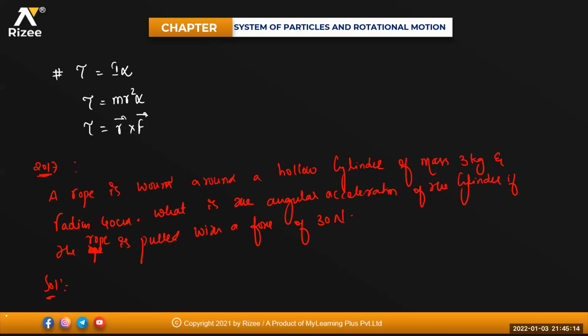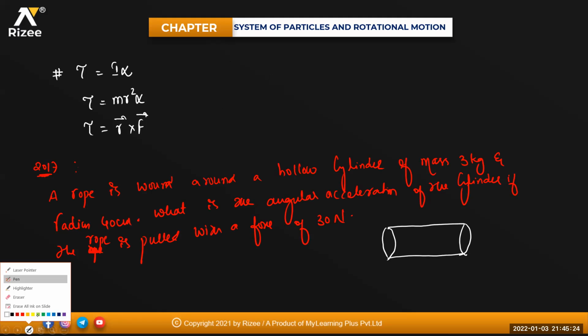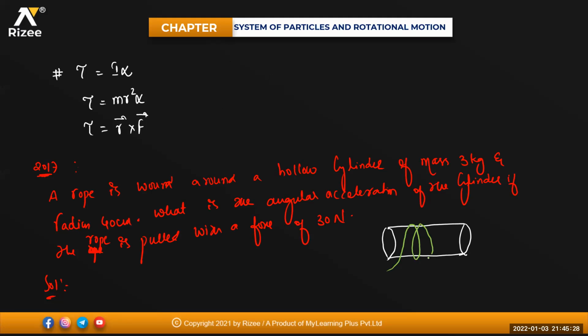A rope is wound around a hollow cylinder. That means there is a hollow cylinder, and on this one a rope is wound like this. It is of mass 3 kg and radius 40 centimeter.